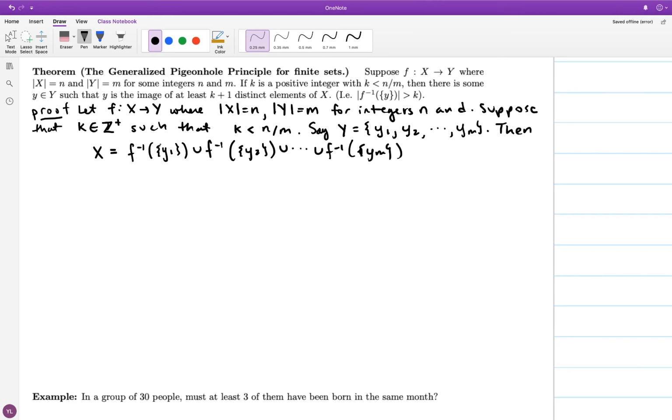I am simply selecting a subset of the codomain, singleton y1 in this case, and I'm asking for all the domain elements that get mapped to singleton y1. And since X is the domain elements, and every element of the domain gets mapped somewhere, and this is the entire codomain, then X is all of the pre-images of these sets right here. I could write it a little bit more concisely if I use a big union notation. This looks a little bit nicer.